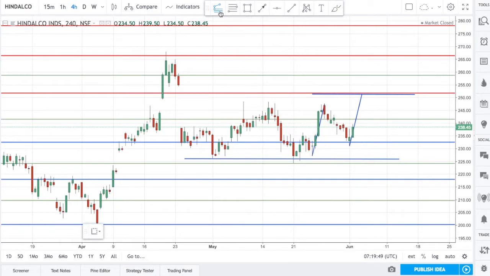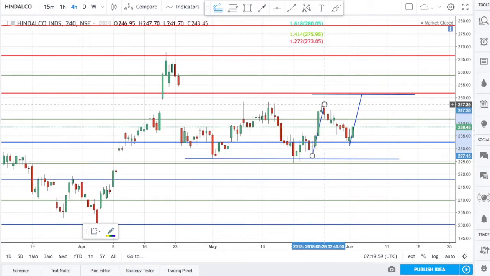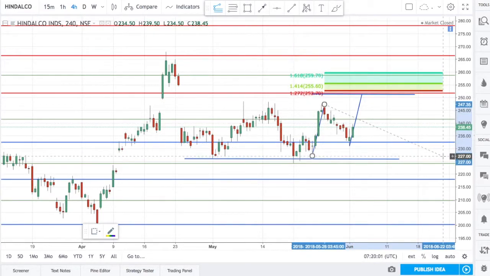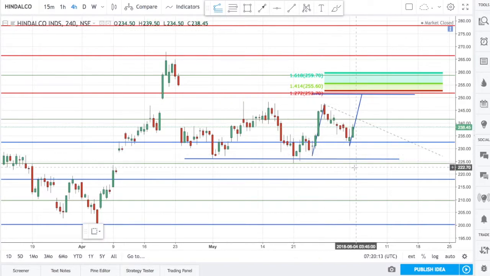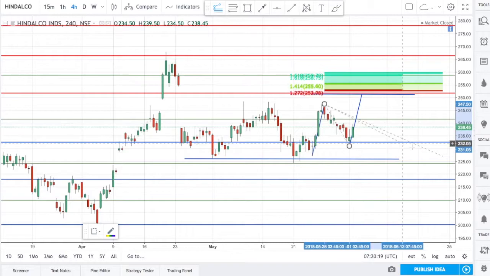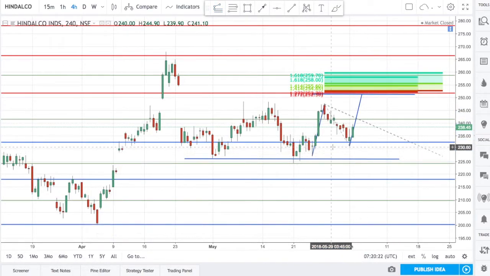Let's see if we can have any Fib confluence from this point to this point, back into this point, and from this point to this point, back into this point.